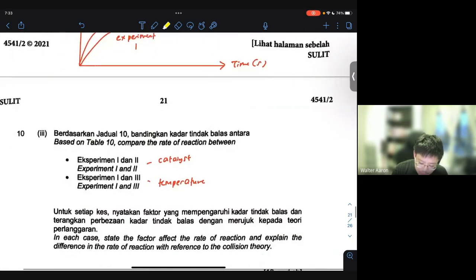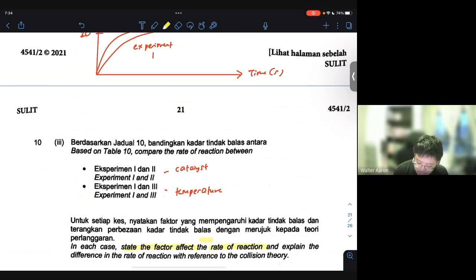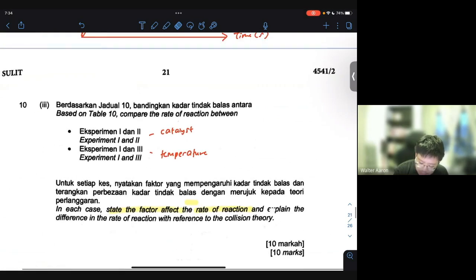Now that we know what to compare, let's take a look at what the question actually wants. They say based on table 10, compare the rate of reaction. And then it says, in each case, state the factor that affects the rate of reaction, and explain the difference in the rate of reaction with reference to collision theory.